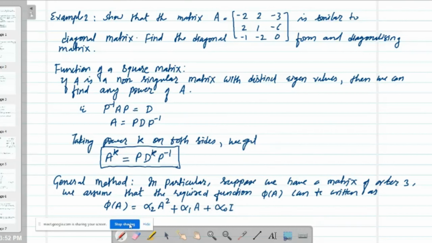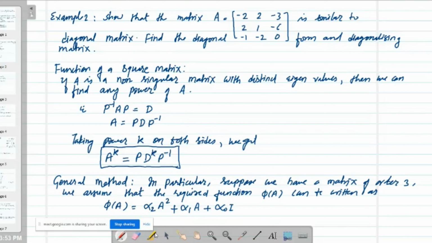तो उसको इस तरह से एक्सप्रेस करेंगे, और आवर जॉब इज टू फाइंड आउट स्केलर और कांस्टेंट alpha 1, alpha 2 and alpha naught and resubstitute the values. Then we have to squaring the matrix A and putting A and I, then solve them.